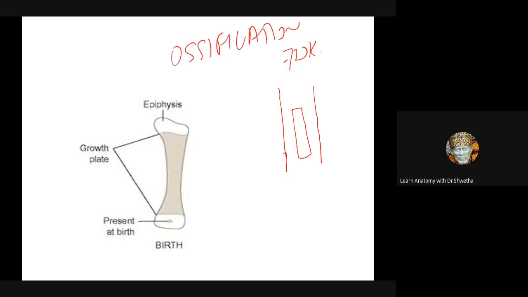When the first osteoblast appears, we say that ossification has set in. This is called the primary center of ossification, which usually appears before birth. That forms the shaft of the femur. Which center, students? Primary center.